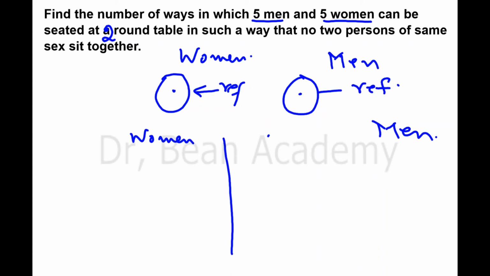In that case, you will take n equals 5 minus 1, and n for women should also be 5 minus 1, because 1 will serve as a reference separately for the women and 1 for the men. So now you will subtract 1 from the choices in both cases, because they will sit at separate tables and you need two separate references.